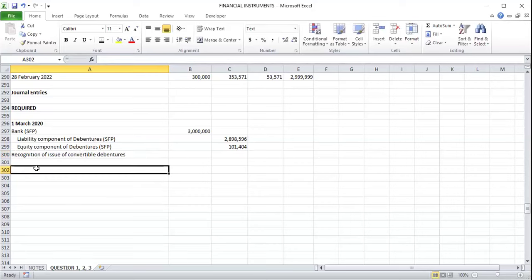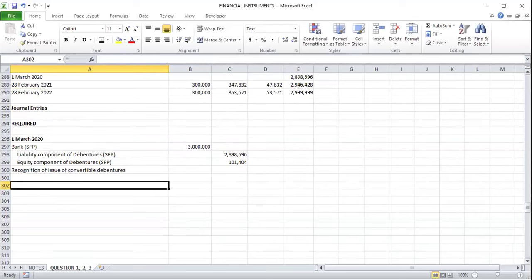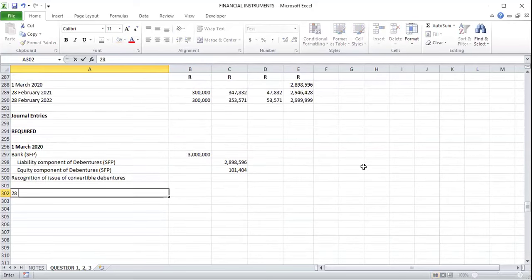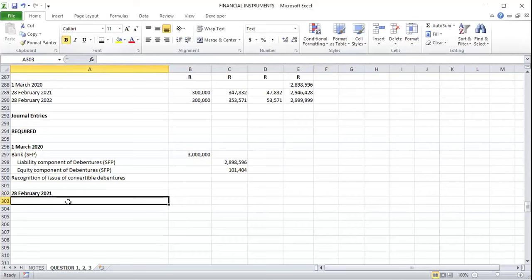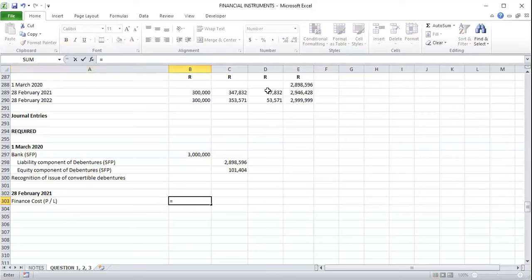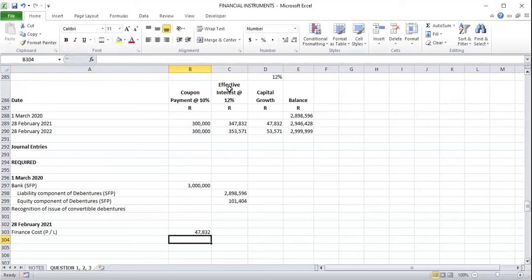Right. Then on 28 February 2021, we now pay. There will be finance cost, which is the effective interest. This one here. So your finance cost, you get it under this column of effective interest.